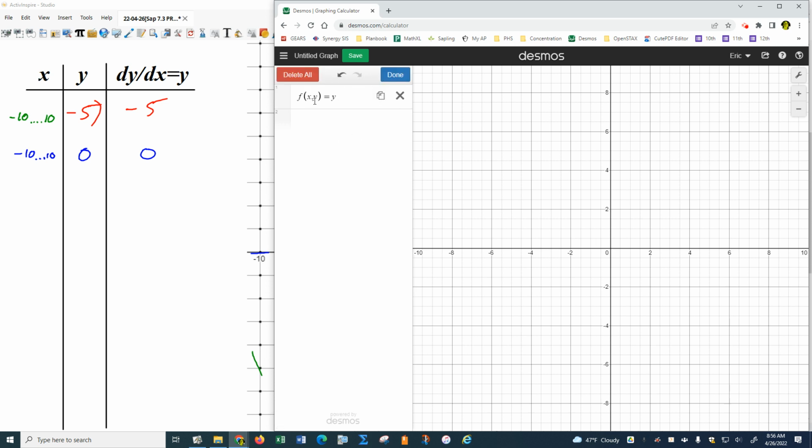Oh, how come it won't let me do a table there? I don't want to waste too much time on this, but let me see if I can just do a table here real quick. So if I do a table where I've got, yeah, there we go, x1, y1.